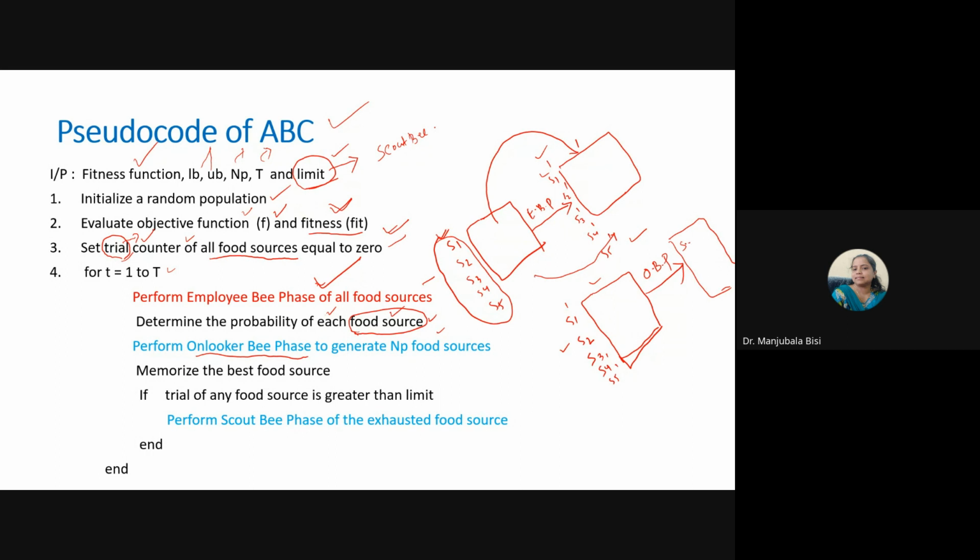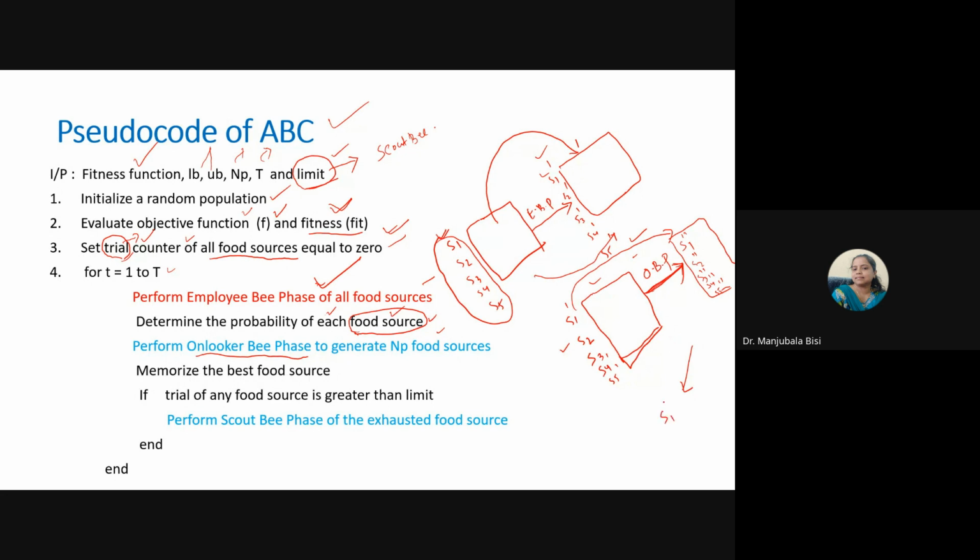Suppose this is S1 double dash, S2 double dash, S3 double dash, S4 double dash, S5 double dash. So some mathematical operation will be performed here to change these solutions into new solutions. Again, we have to apply the greedy selection between S1 dash and S1 double dash. Whichever is better will provide us the output of the onlooker B phase.